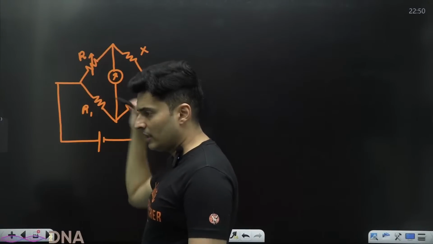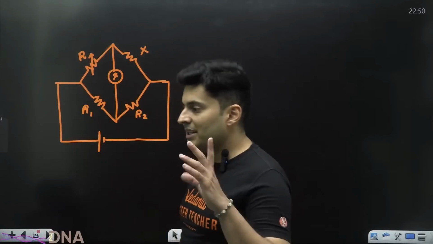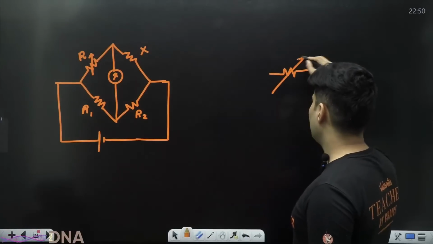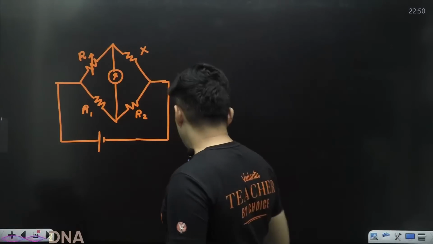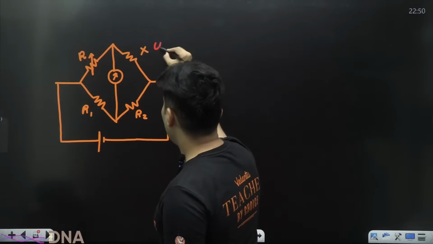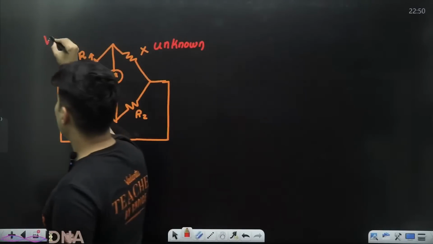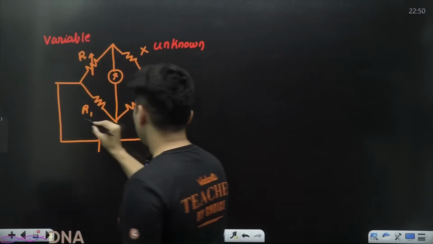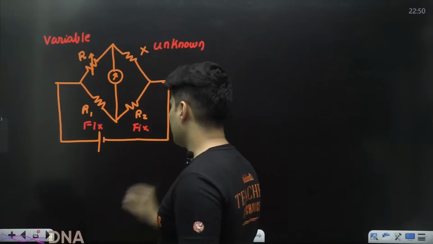It's a vector quantity, is it? No. It means I can change the resistance. So this is a fixed resistance, but this means it's a variable resistance. This X happens to be an unknown resistance. This is a variable resistance. These are some fixed resistances.